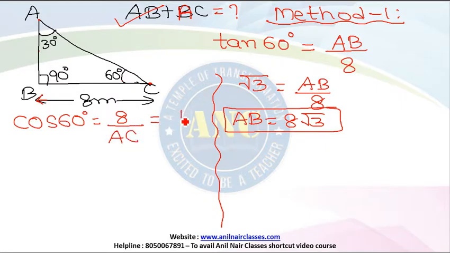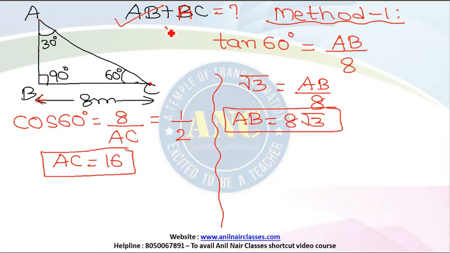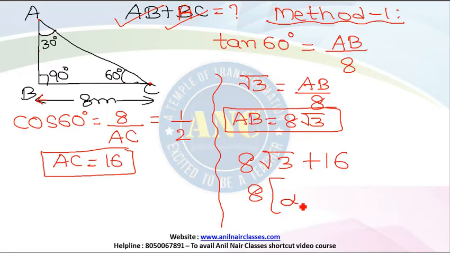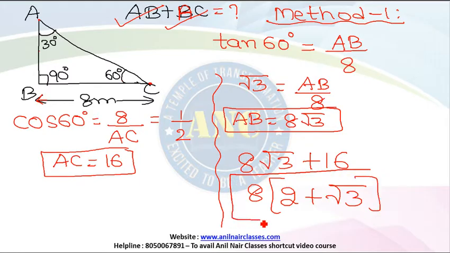Cos 60 value is how much? It is half. So AC value is nothing but 2 into 8, which is 16. Now AB value is known, AC value is known. So height of the tree is nothing but AB is 8 root 3 plus AC is 16. Taking common factor, we will get 8 into 2 plus root 3, or 8 into root 3 plus 2 should be the answer for this question.